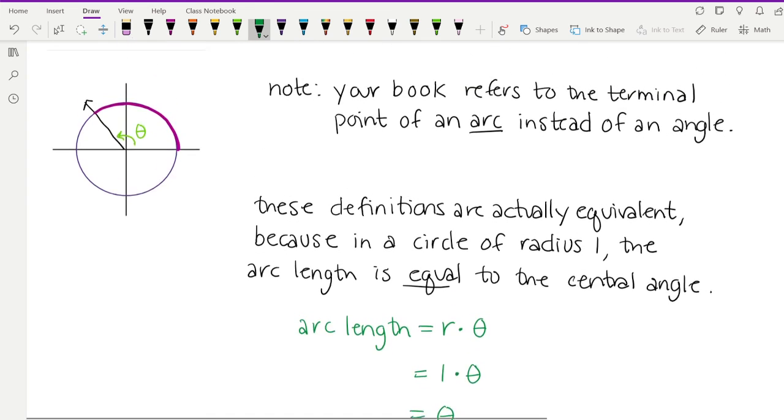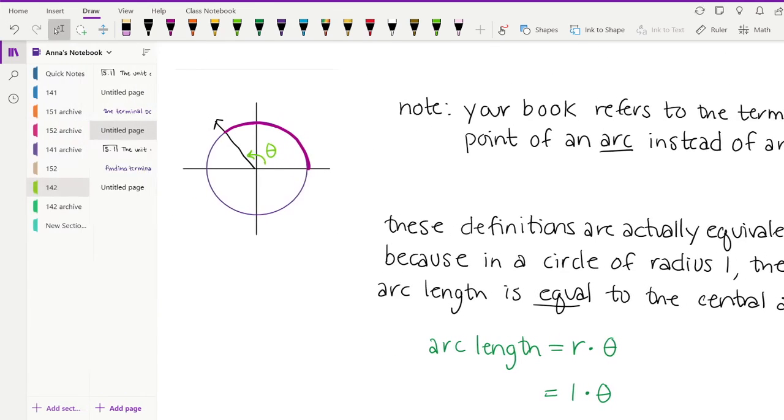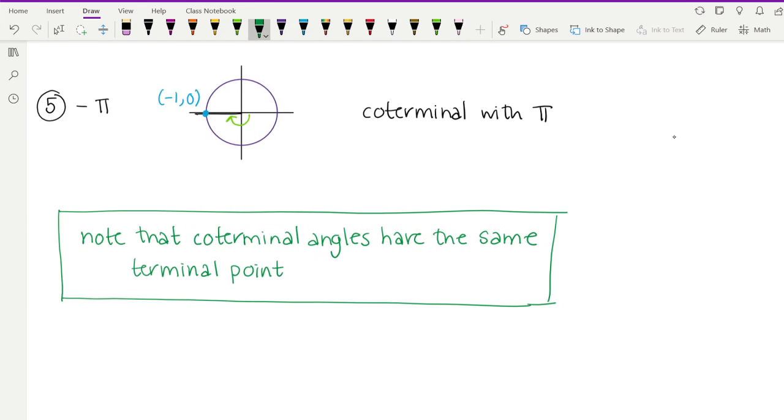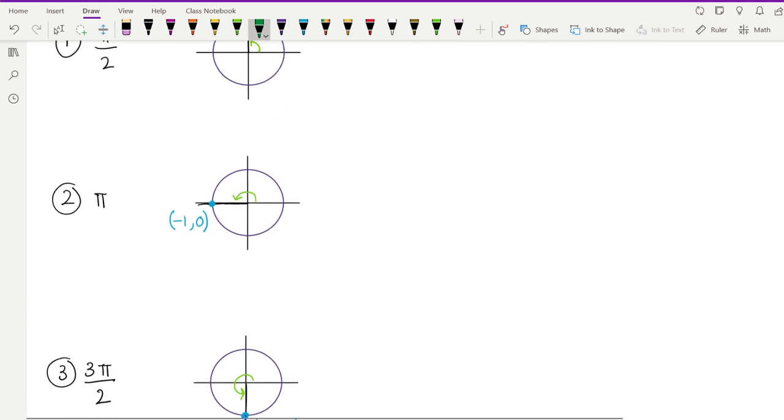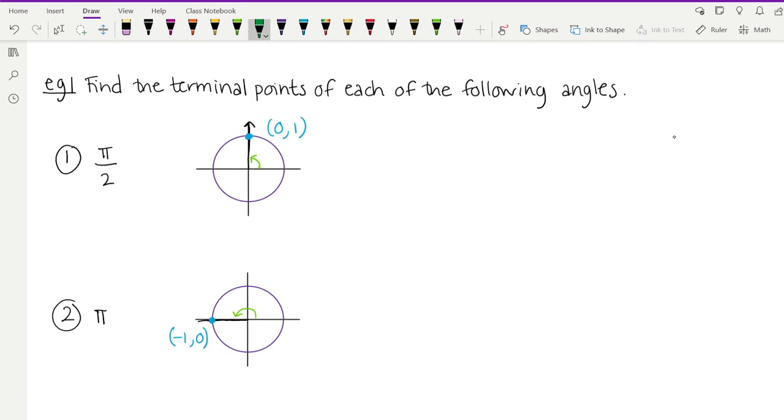And so, going back to an example, let's say pi over 2. Instead of referring to this as an angle of pi over 2, I could have said it was an arc of pi over 2. And that would really mean the same thing, because the length of the arc from here to here has a measurement of pi over 2, which is the same as that central angle.